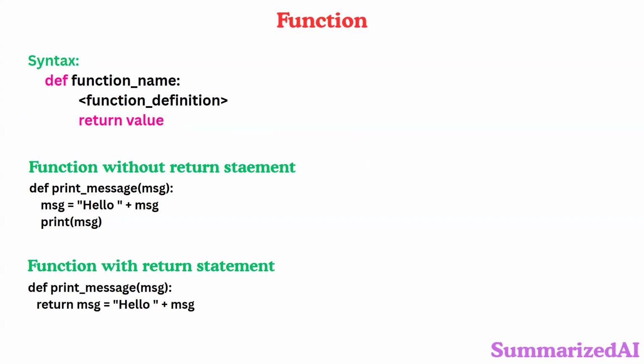Or I can say def compound_interest. So it will tell us we are going to calculate an interest and we can write our definition inside this particular function. Then inside the function, we write the actual set of instructions or logic that we want the function to perform. Okay, this is the syntax of a function.